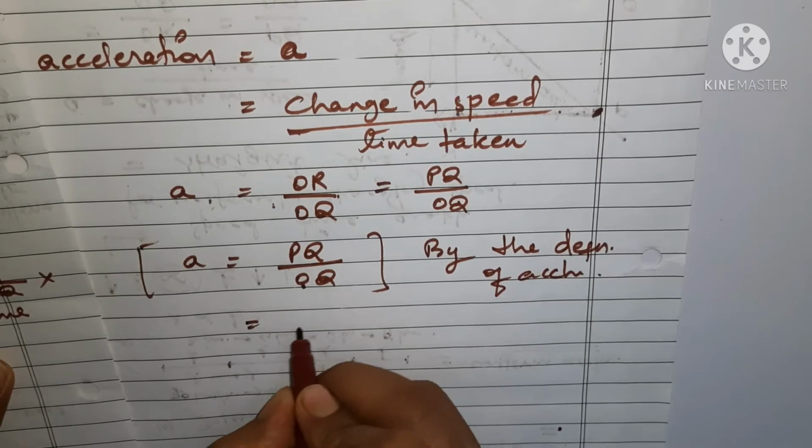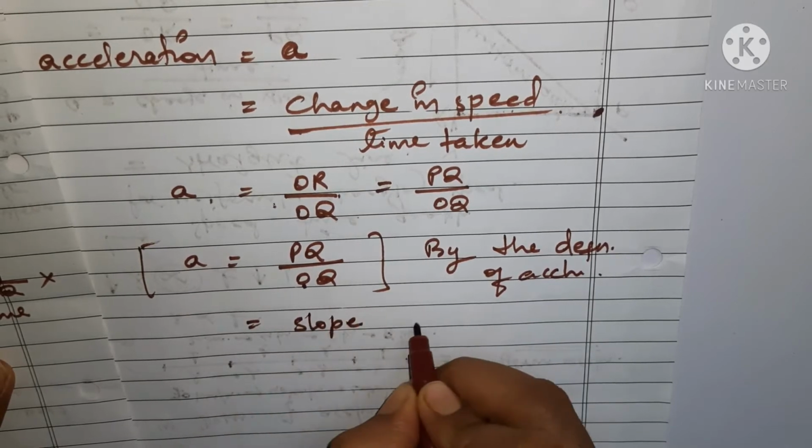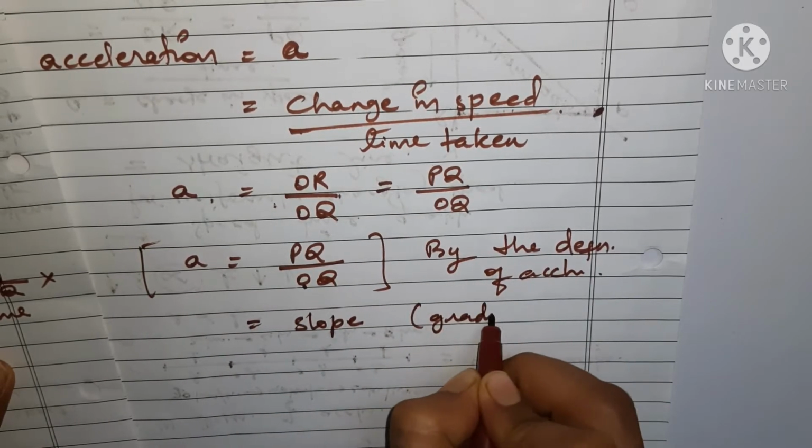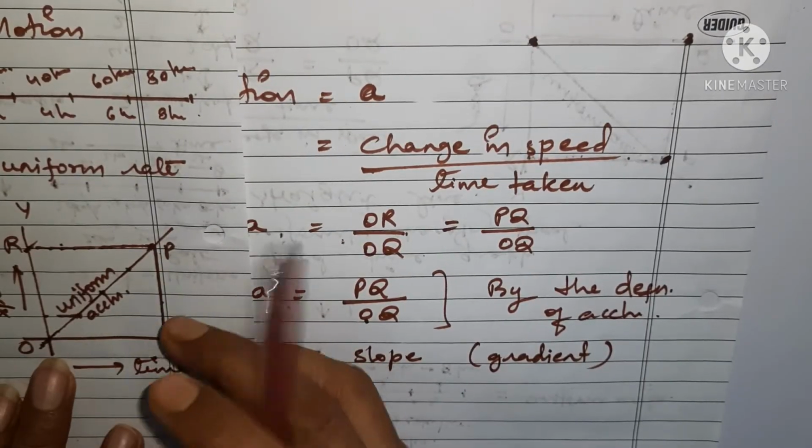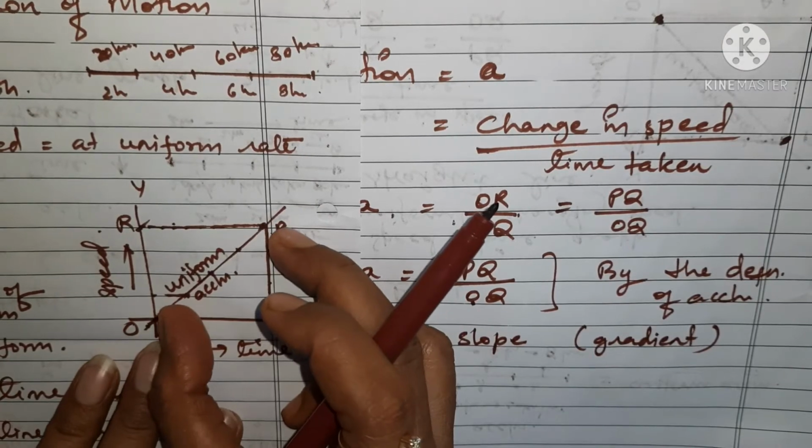So PQ upon OQ can be written as slope, or you can also say gradient. This means the slope of this graph is actually giving you the acceleration.